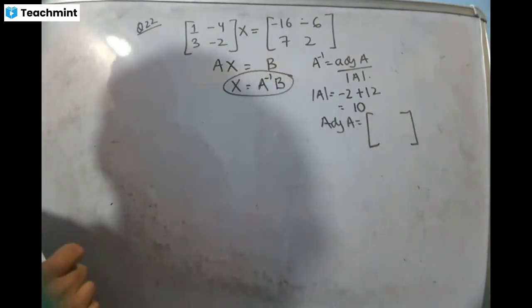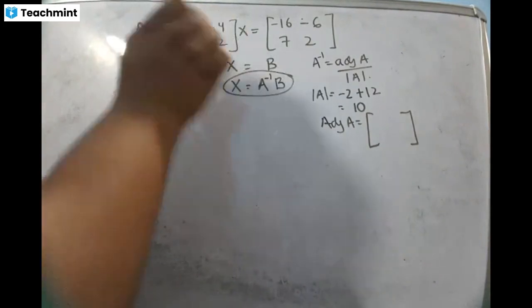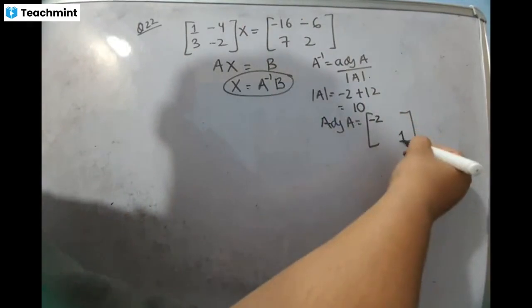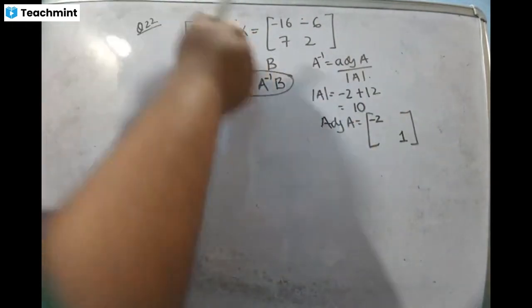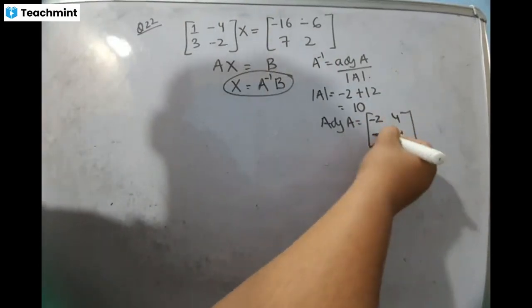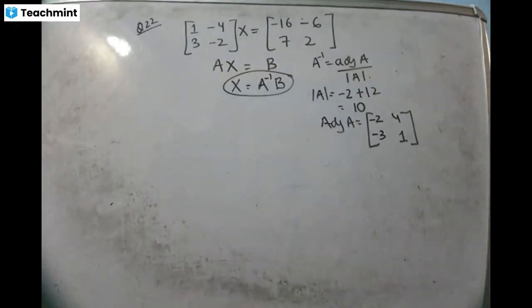How do you find the adjoint of a 2 cross 2 matrix? You interchange the diagonal elements. So instead of 1, you write minus 2, and instead of minus 2, you write 1. Then change the sign of the other diagonal: minus 4 will become plus 4, and plus 3 will become minus 3. So you got the adjoint also.